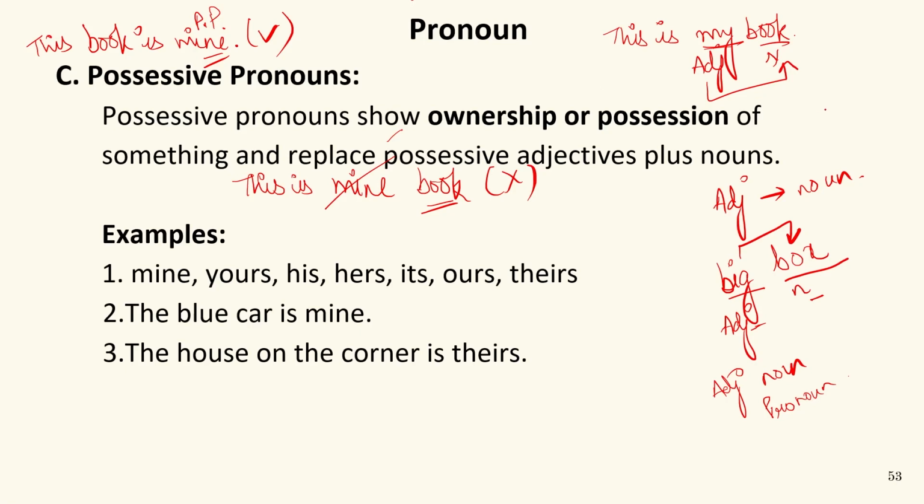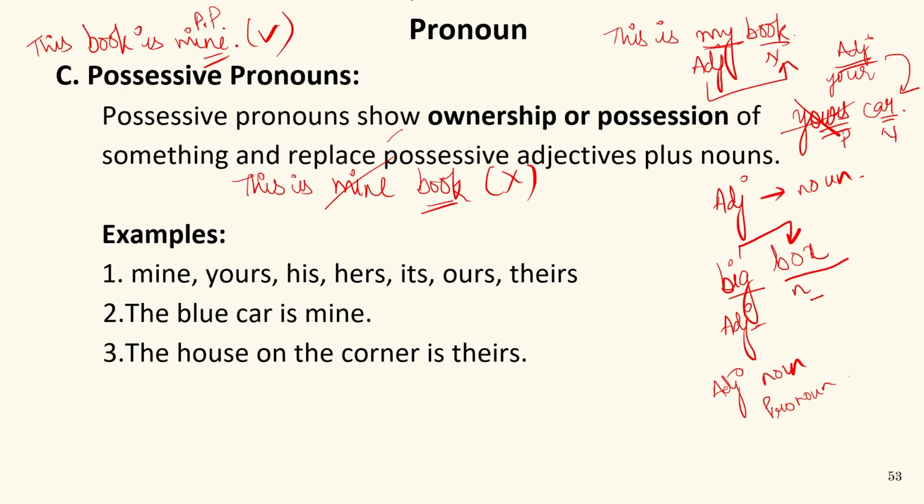If I write the phrase "yours car," this will be incorrect because yours is a pronoun and car is a noun, and a pronoun and noun cannot come together. To qualify a noun, we need an adjective. So we should write "your," because your is an adjective qualifying the noun car.